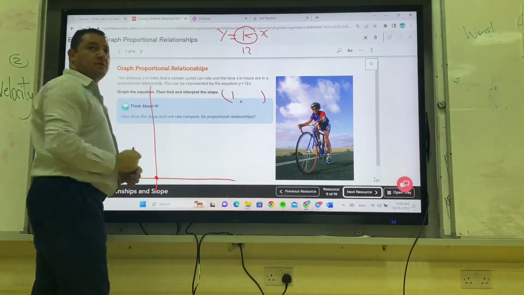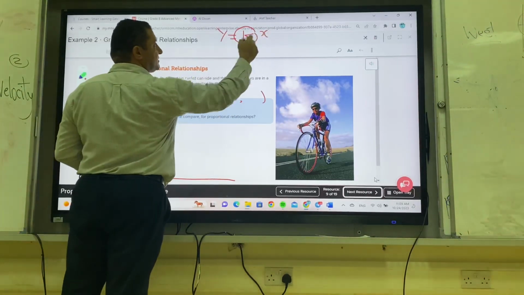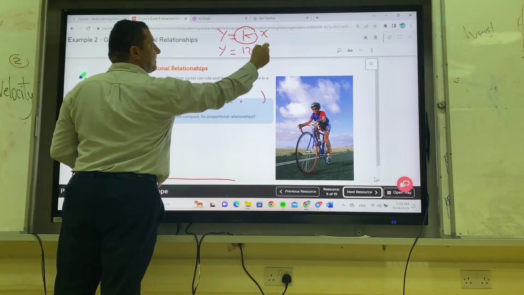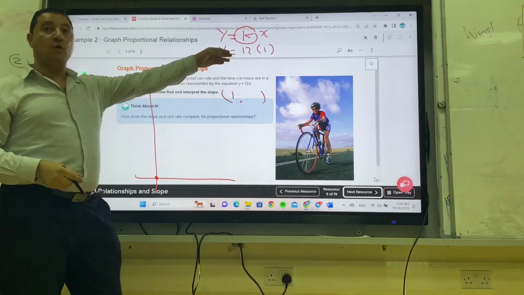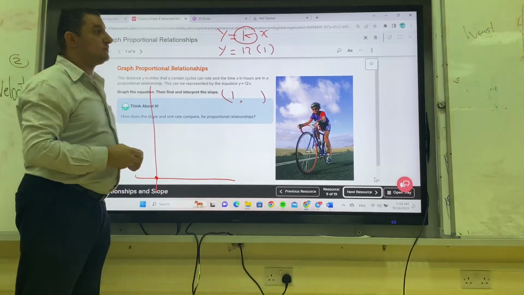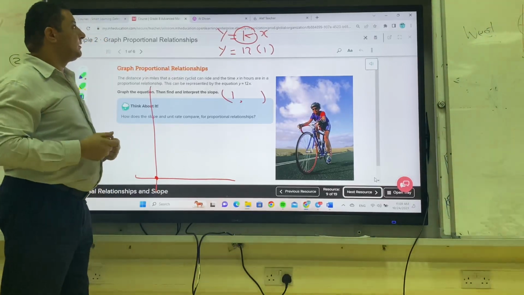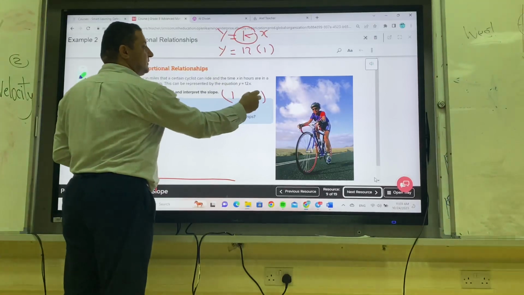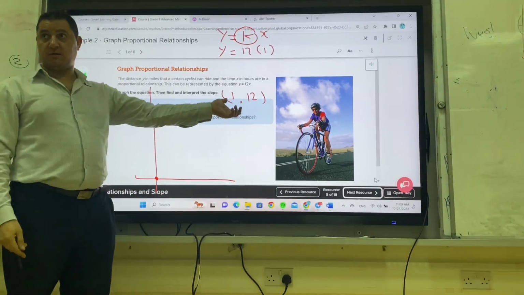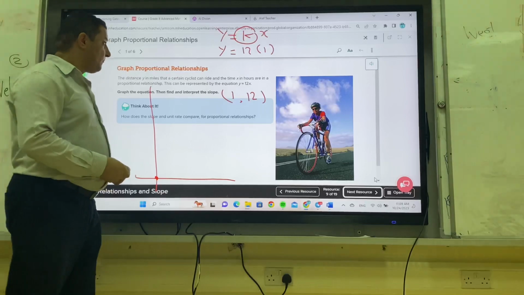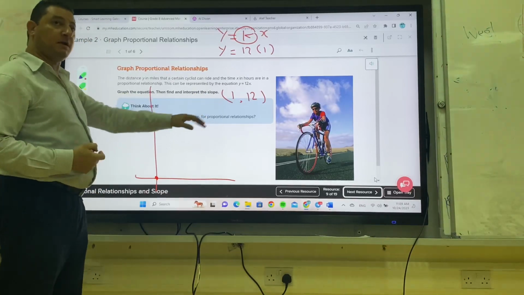What's the value of y? If I substitute here, x is 1, then y is 12. So this is the first point, (1, 12).